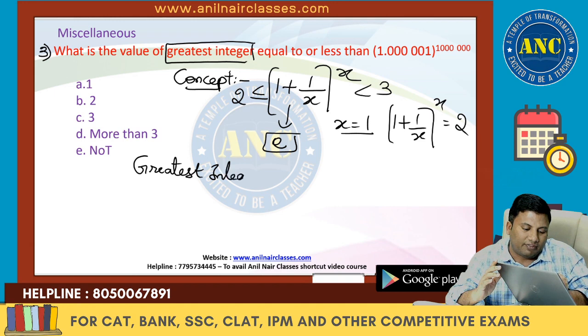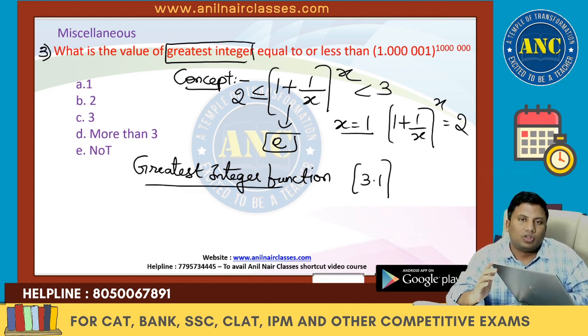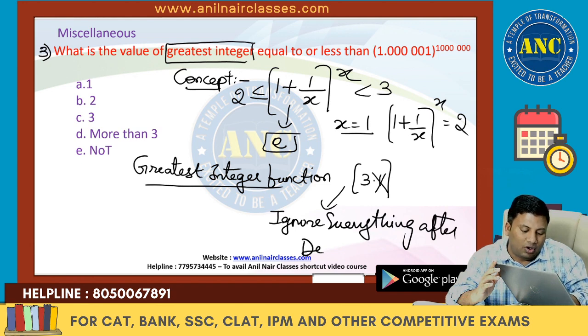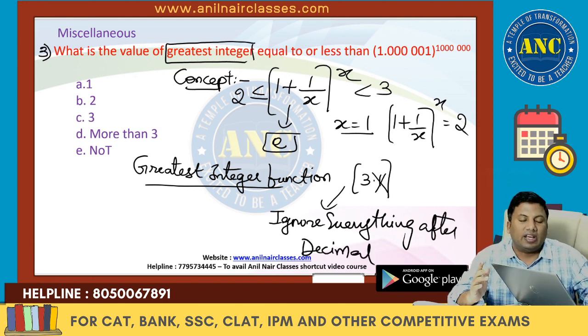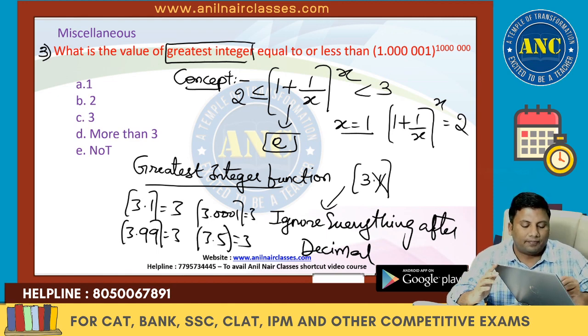Greatest integer function: just ignore everything after the decimal. 3.1 is 3. 3.99 is also 3. 3.001 is also 3. 3.5 is also 3.